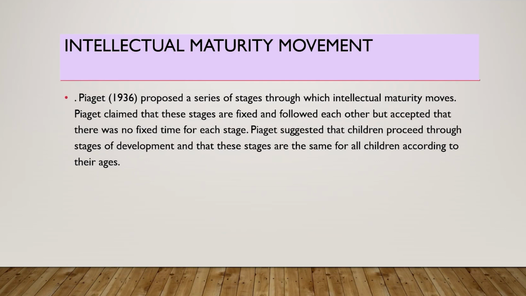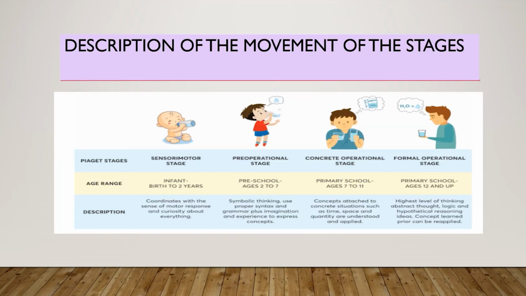Piaget suggested that children proceed through stages of development, and these stages are the same for all children according to their ages. So he spoke about the sensorimotor stage, the pre-operational stage, the concrete operational stage, and lastly, the formal operational stage. I won't go through much of this. It is in your study guides, and I've gone through it in many of the lessons. Hope by now you understand it well.